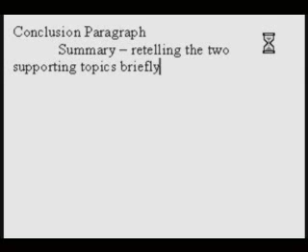So in 1 or 2 sentences, we want to retell the 2 topics that we talked about in supporting paragraph 1 and supporting paragraph 2. Now we don't want to bring in new information. This is supposed to be a summary, so this should be information that we've already given.